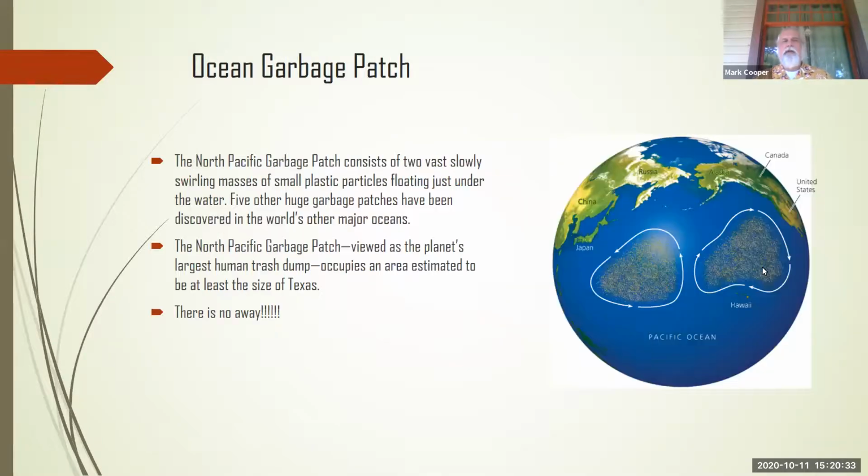All right, and then there are the ocean garbage patches. The North Pacific garbage patch consists of 2 very slow-moving ones. That is the largest garbage patch in existence, and there are 5 others that have been discovered. The North Pacific garbage patch is about the size of Texas.